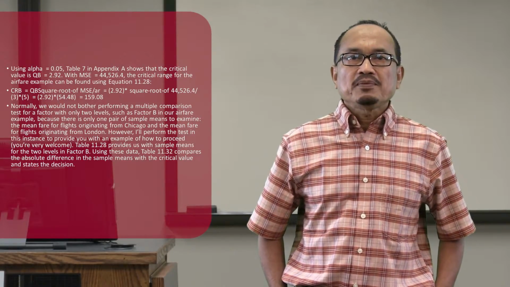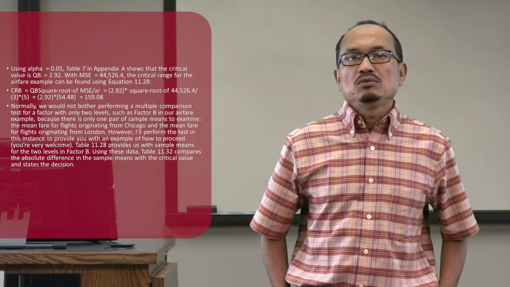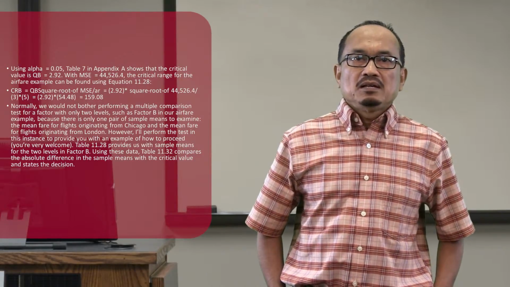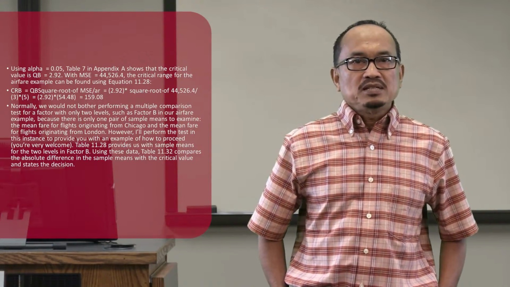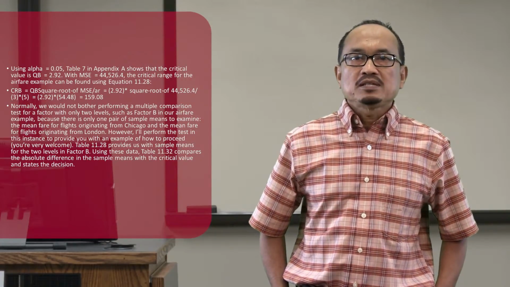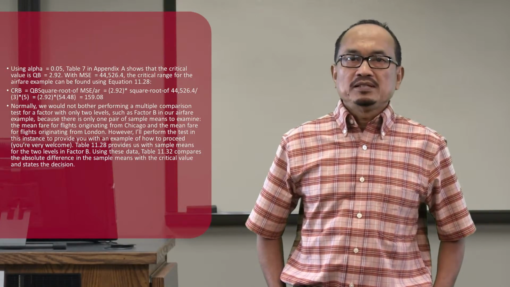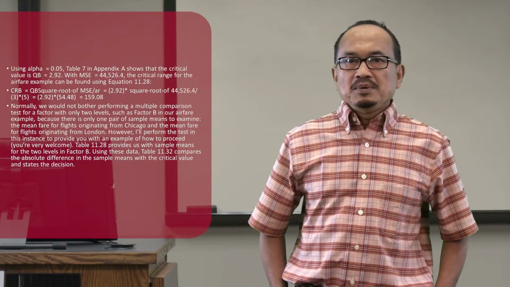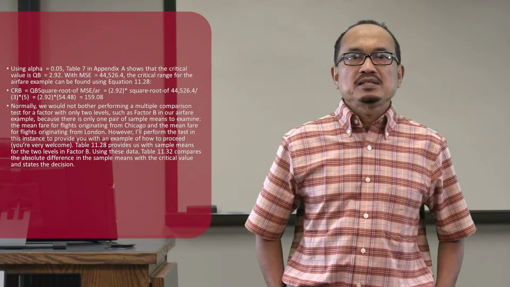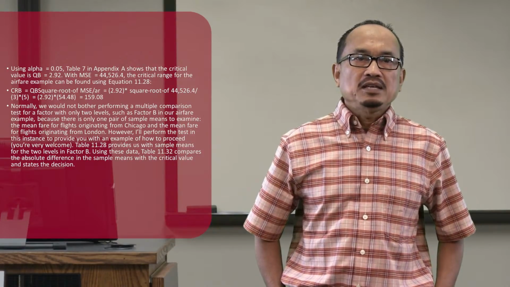However, we will perform this test in this instance to provide you with an example of how to proceed. Table 11.28 provides us with sample means for the 2 levels in factor B. Using this data, Table 11.32 compares the absolute difference in the sample means with the critical value and states the decision.